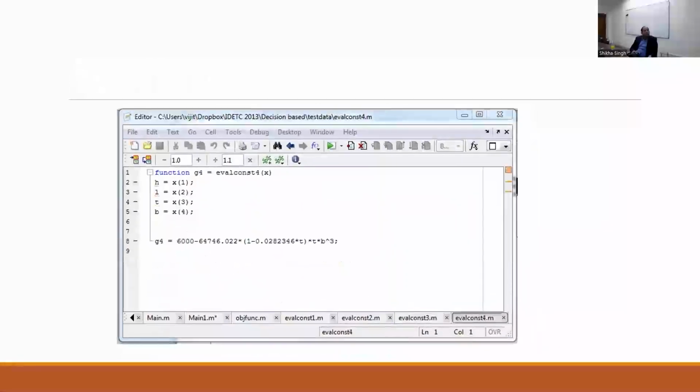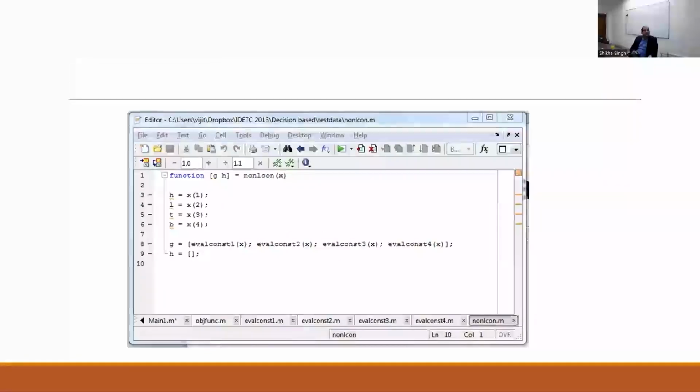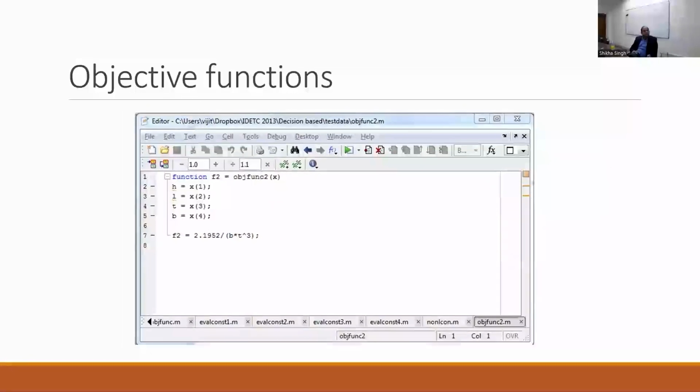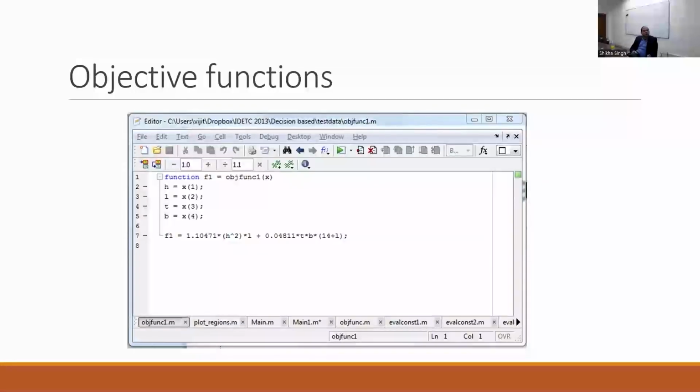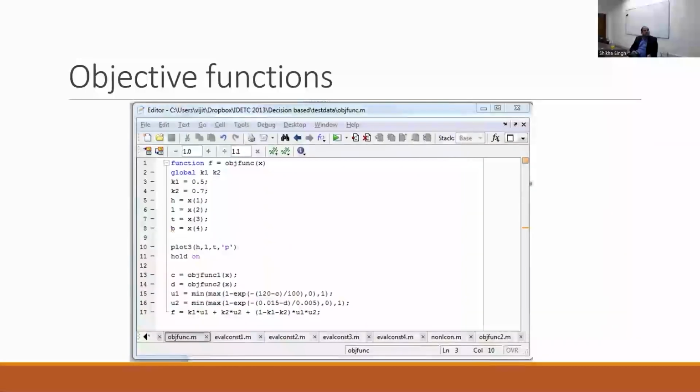So we keep going, and then we have nonlcon, which puts all this together, and then objective function 1 and objective function 2 are here. Remember, there was one objective function which had to do with cost, and another that had to do with deflection. Okay, and that's that.